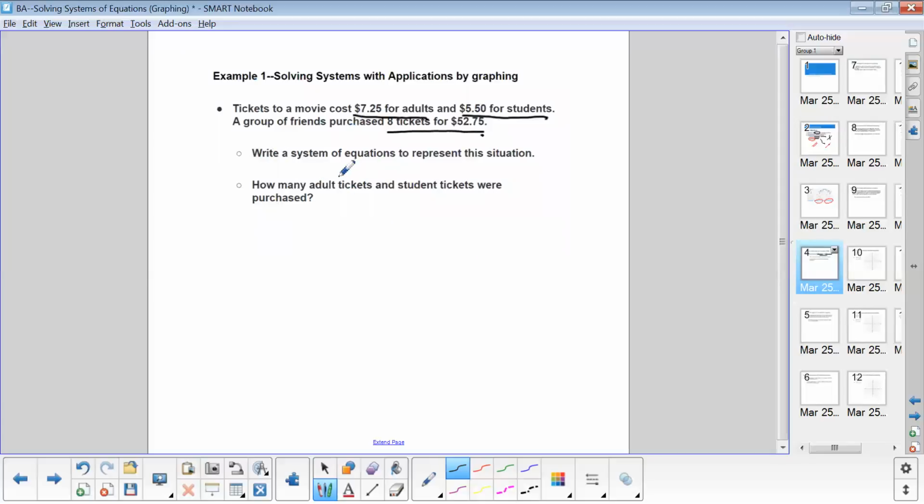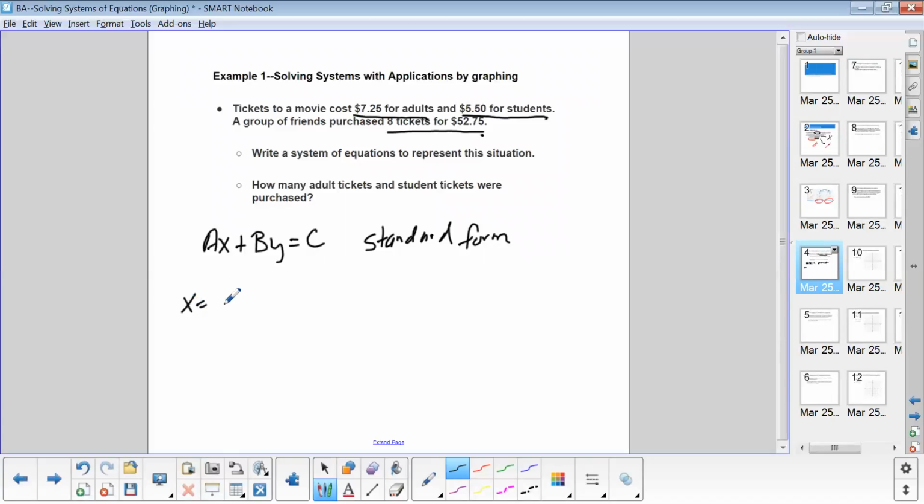So we're going to write a system of equations that follow the standard form. With graphing, we'll graph to find the solution, but we'll be able to write these in that standard form. So we want to identify what our variables will be.